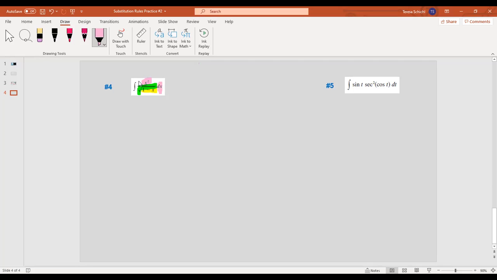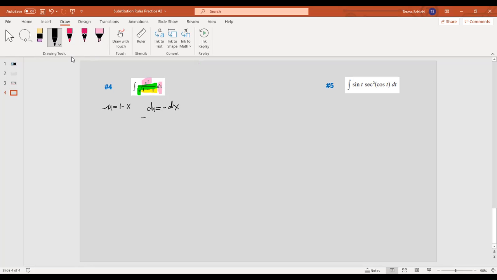Okay, now let's see here. Will that work? Let's try. So you will say u is equal to 1 minus x. Then du is equal to what? Negative dx.